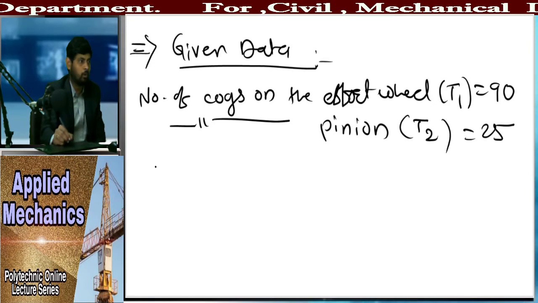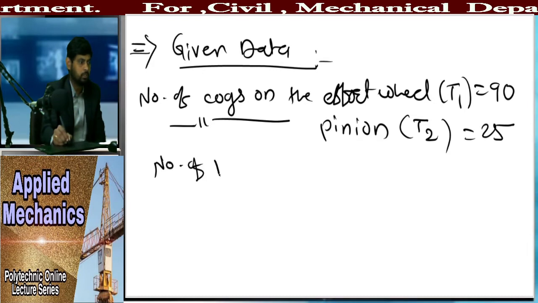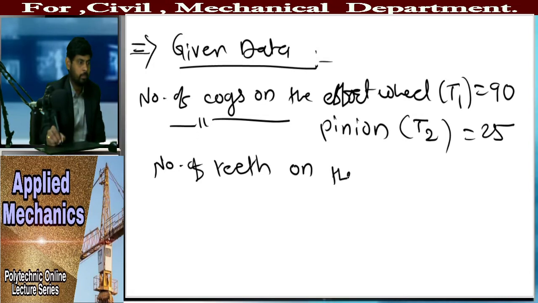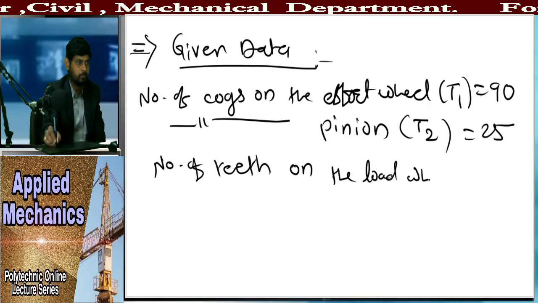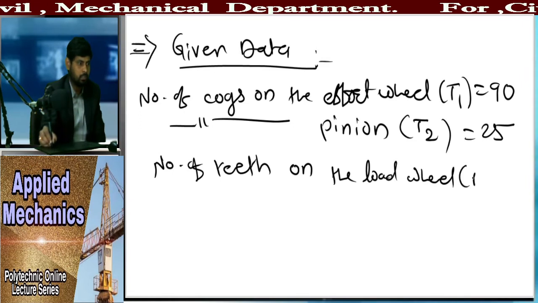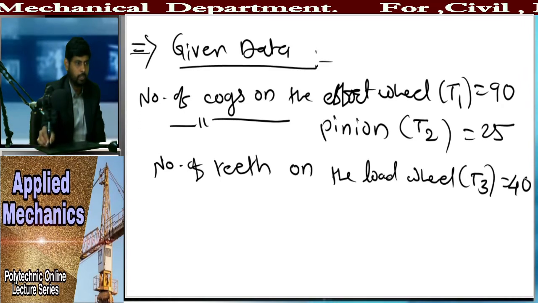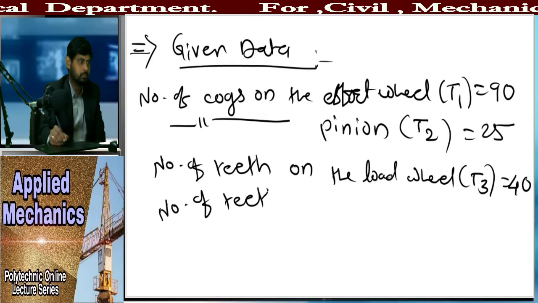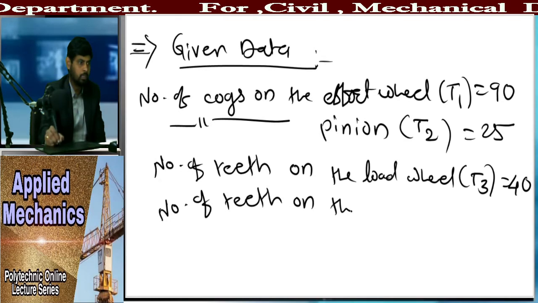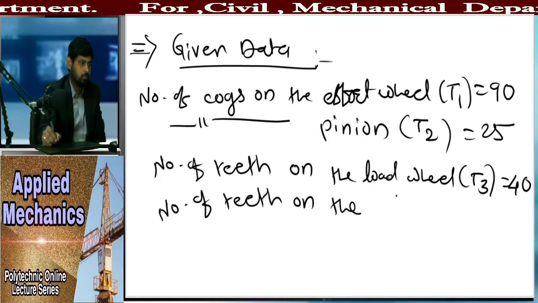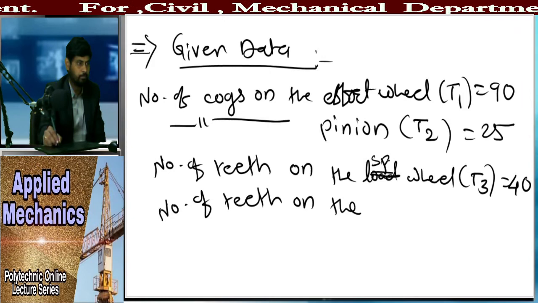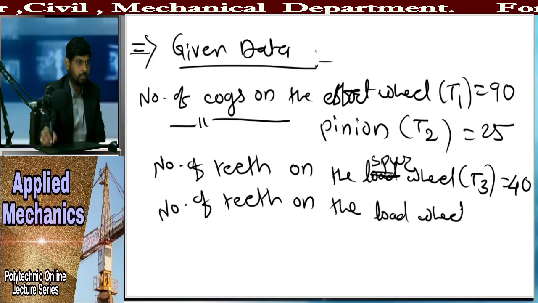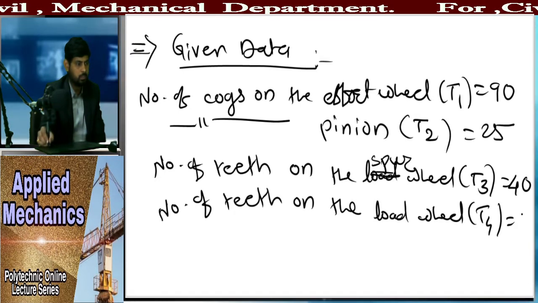The number of teeth on the spur wheel, T3, is equal to 40, and the number of teeth on the load wheel, T4, is equal to 8.